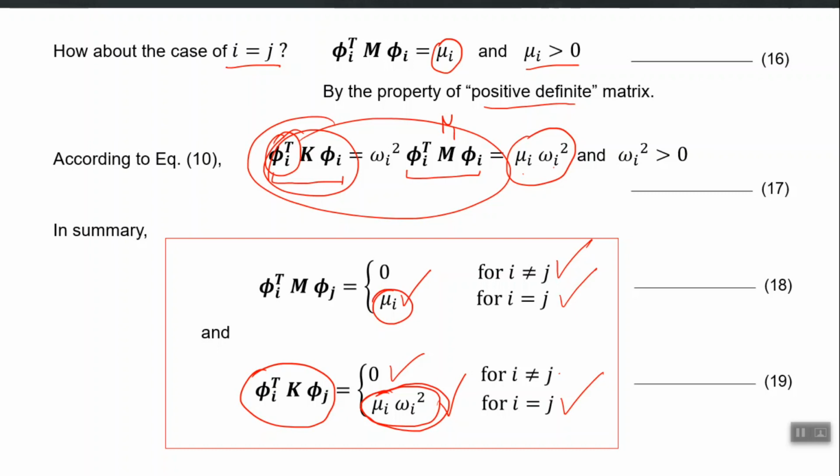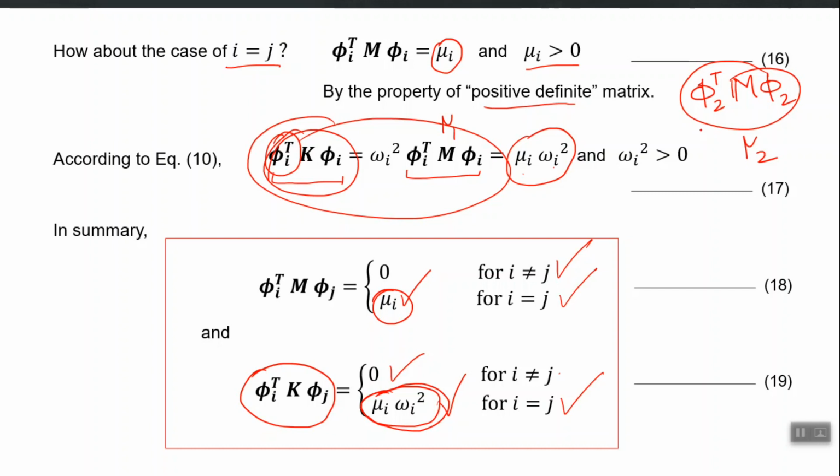So, if I ask you to calculate the modal mass of the second mode, let us say, you actually have to do phi 2 transpose into mass times phi 2 again. This product will give you mu 2, a non-zero answer, which will be the modal mass for the second mode.